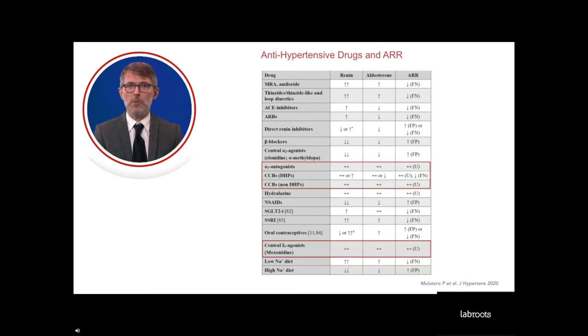Or, for example, a negative diagnosis under a beta blocker, which can cause a false positive diagnosis, could be considered a definitive negative diagnosis. The only two classes of drugs that should never be taken are mineralocorticoid receptor antagonists and diuretics, both thiazide and loop diuretics.